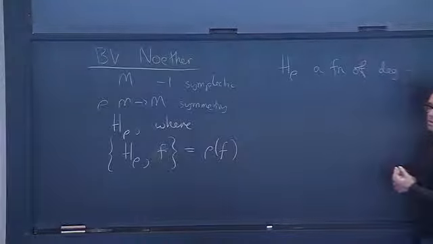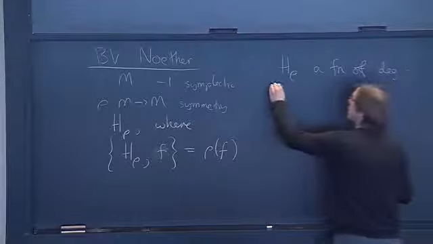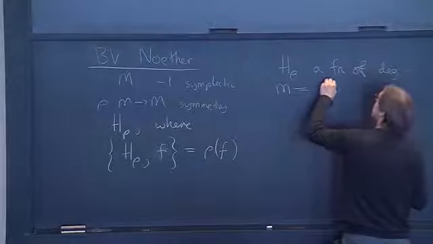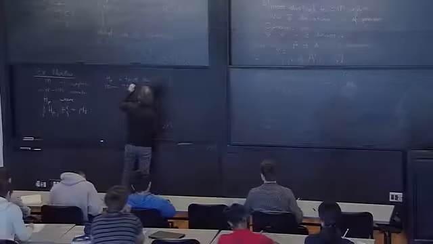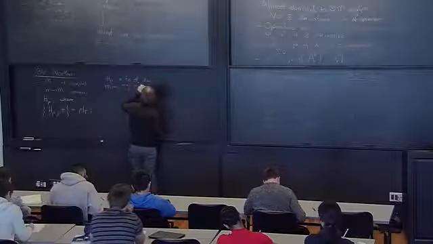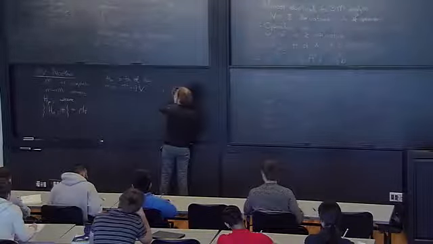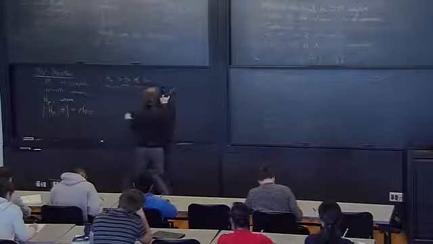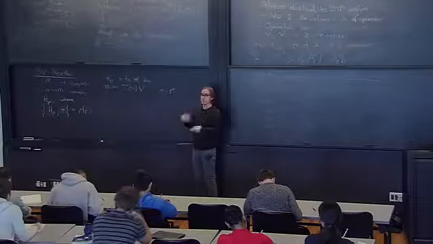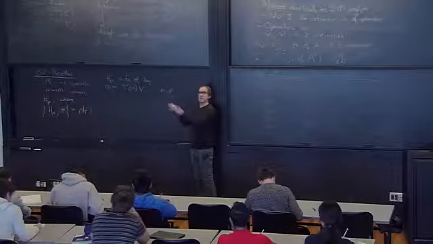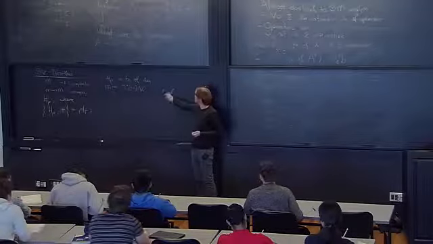For example, if M is a cotangent bundle of some vector space, and I have P star, well, what's the usual formula for the Hamiltonian associated to some symmetry? I just take my P and my Q and multiply them. Here I do the same thing.